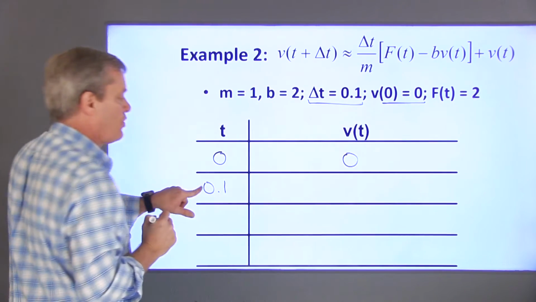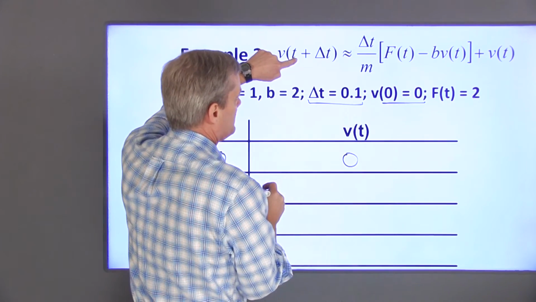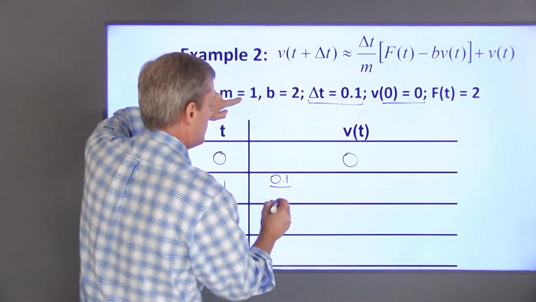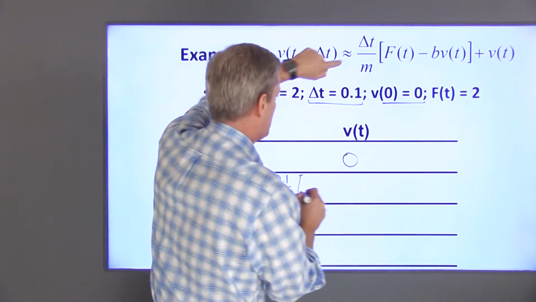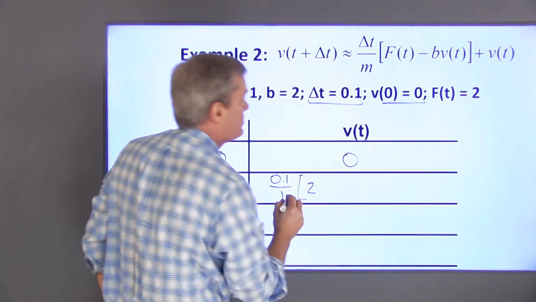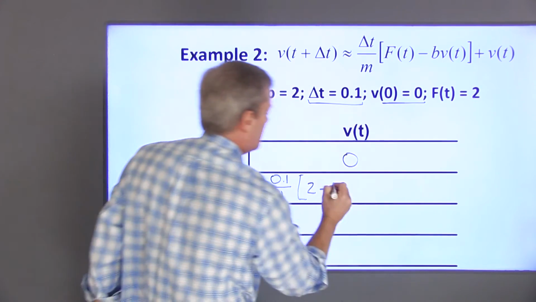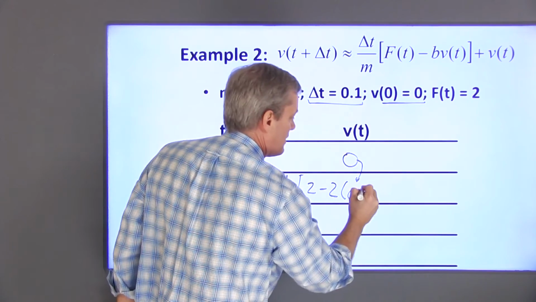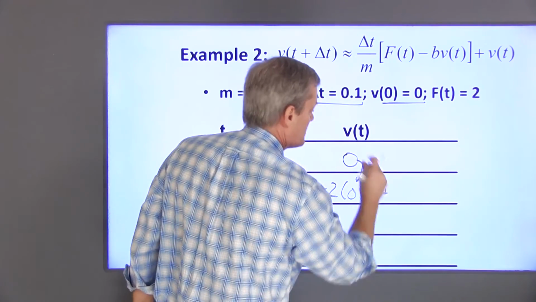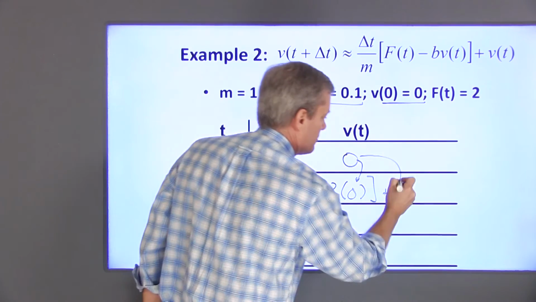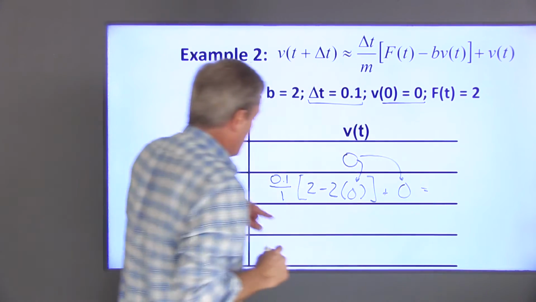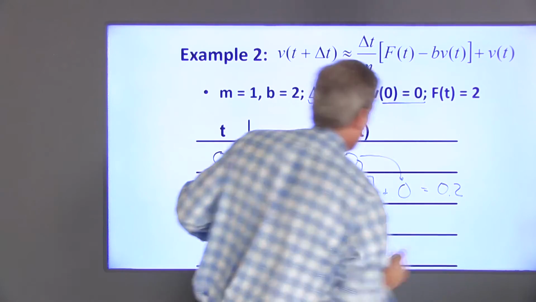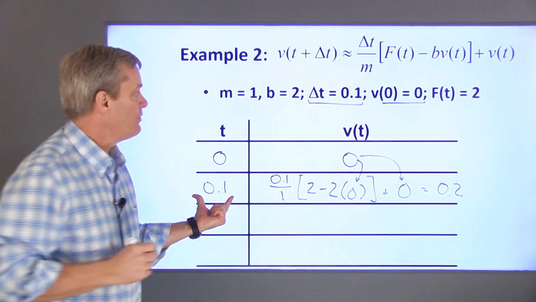So at time 0.1, the velocity at 0.1 is delta t, which is 0.1 over m, which is 1, times f of t, which is 2, minus b, which is 2, times v of t. I take this and put it in there, plus v of t, which is also 0. This is 0.2. The velocity at time t equals 0.1 is 0.2.